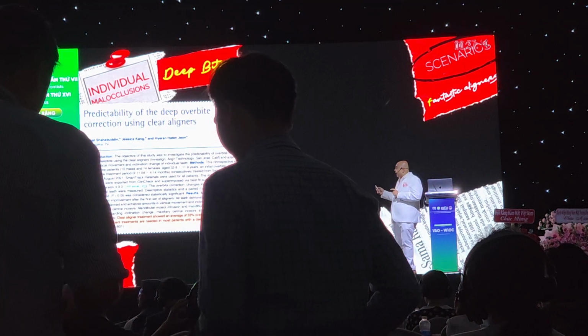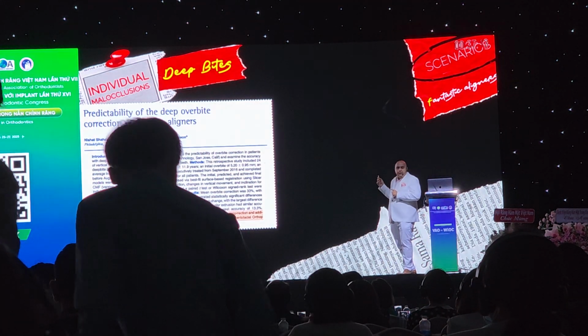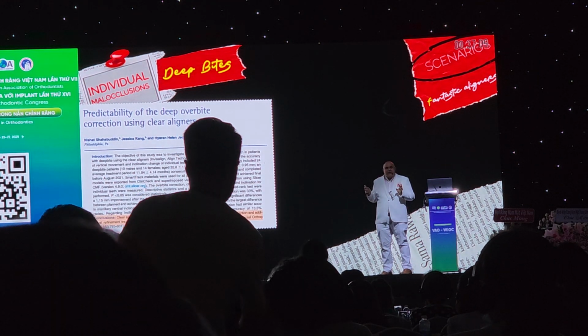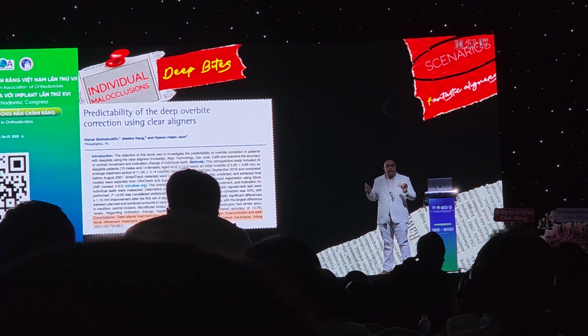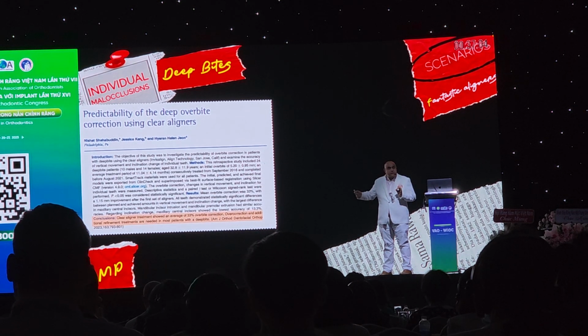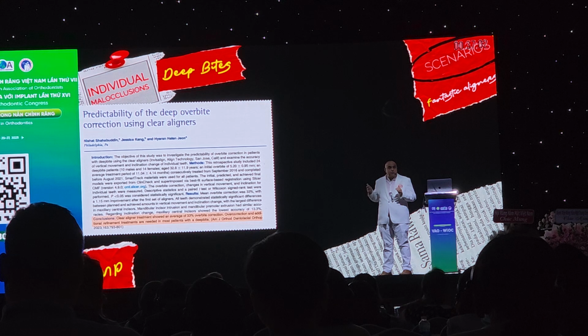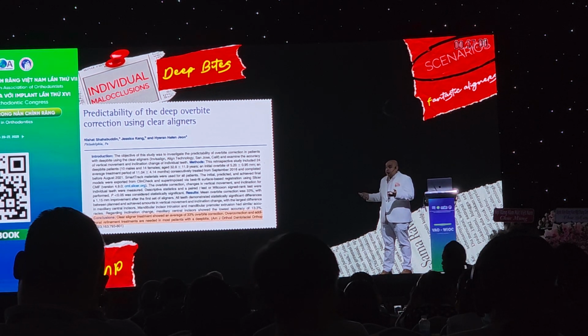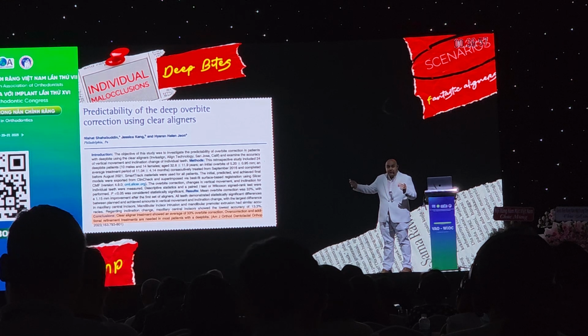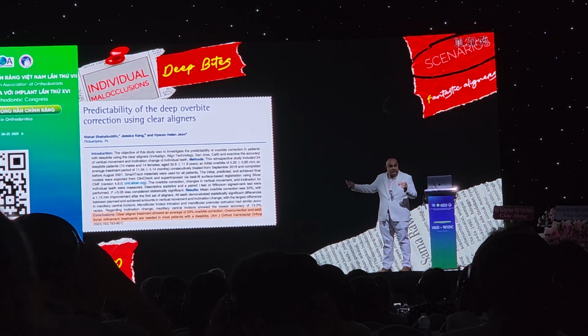In terms of deep bites, today clinical literature tells you that the mean efficacy that you get is around 33%. Now, we had a lecture just before this break where we were talking about percentages, or questions being posed from the podium, where the percentages were 60%, 70%, 80%, 90%.